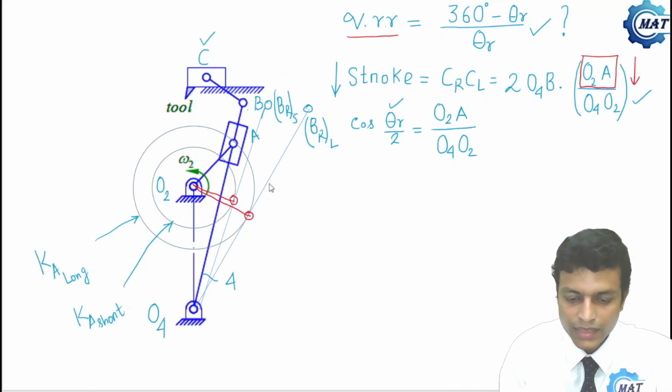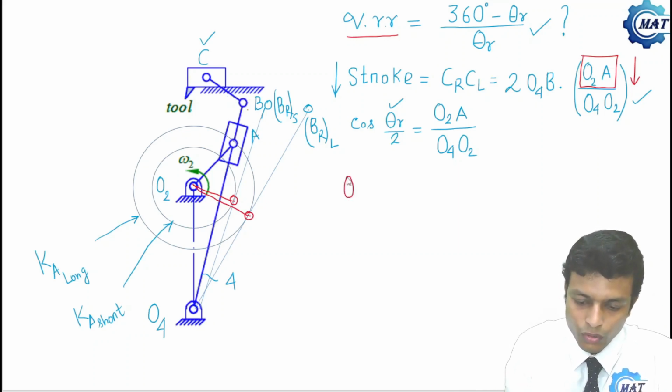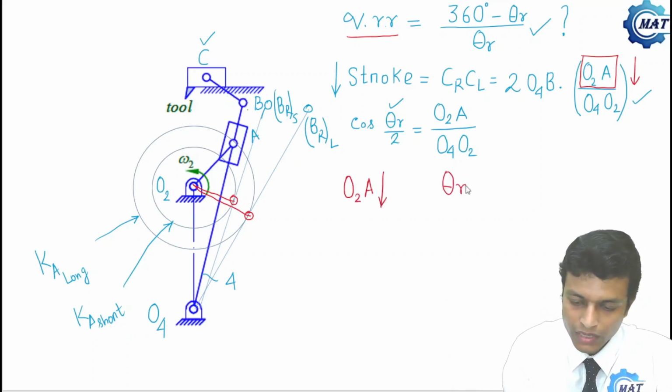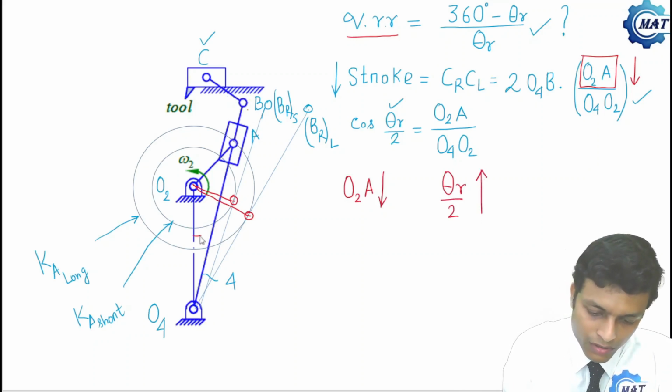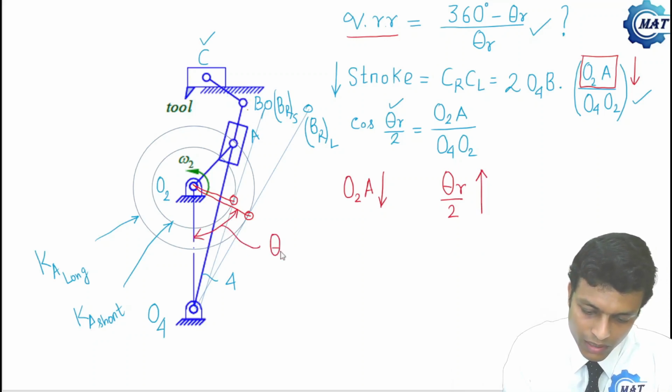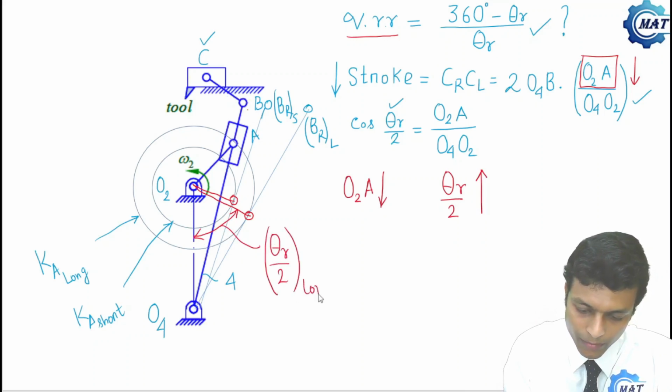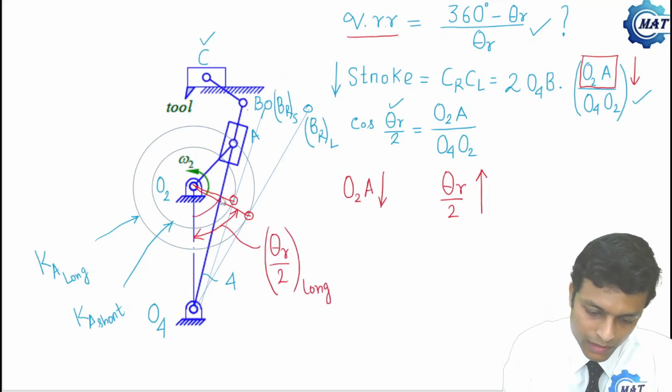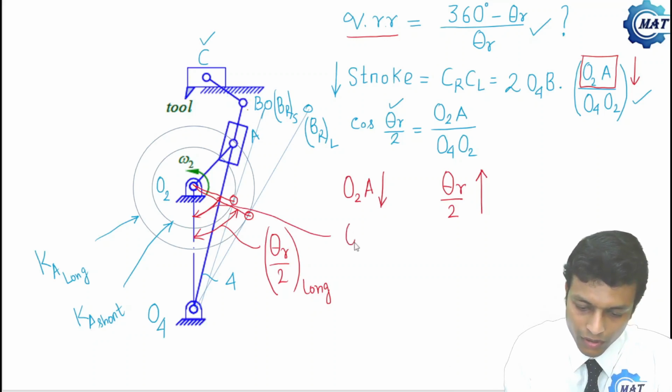So we see that if we reduce O2A, then the value of theta r by 2 increased, because this value is theta r by 2 for long crank, whereas theta r by 2 increased here for a shorter crank.